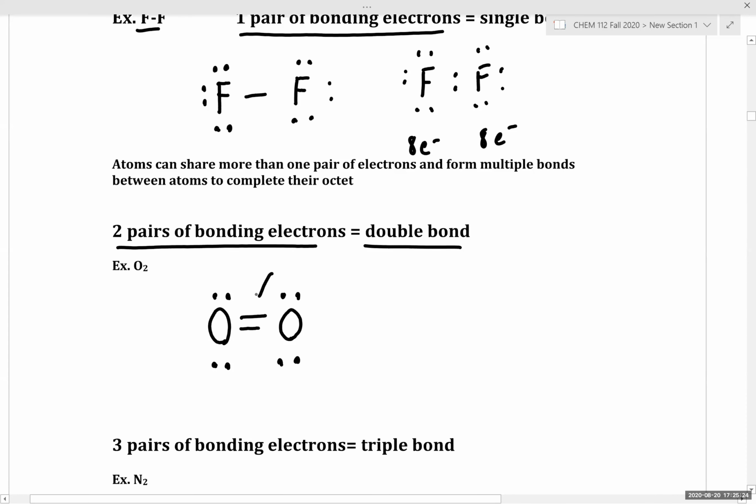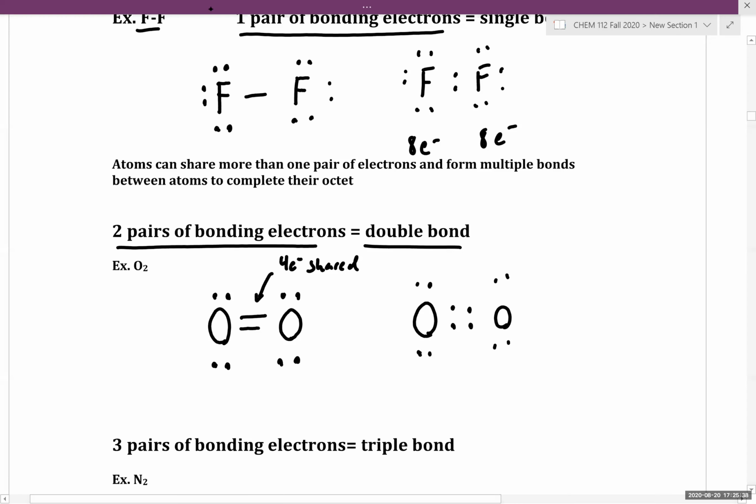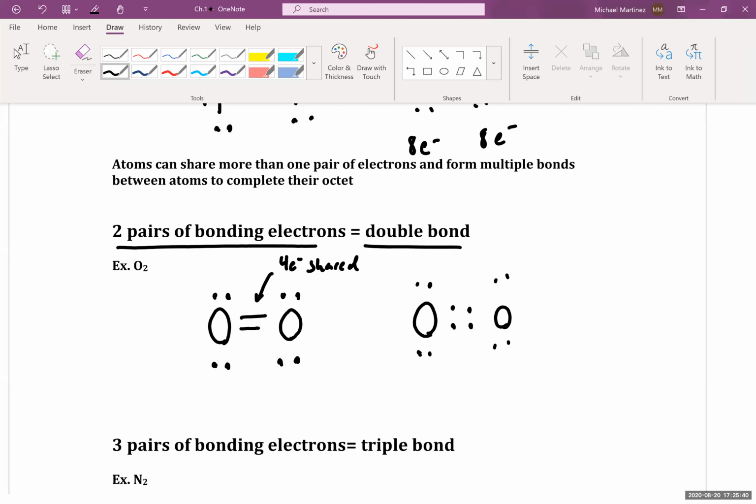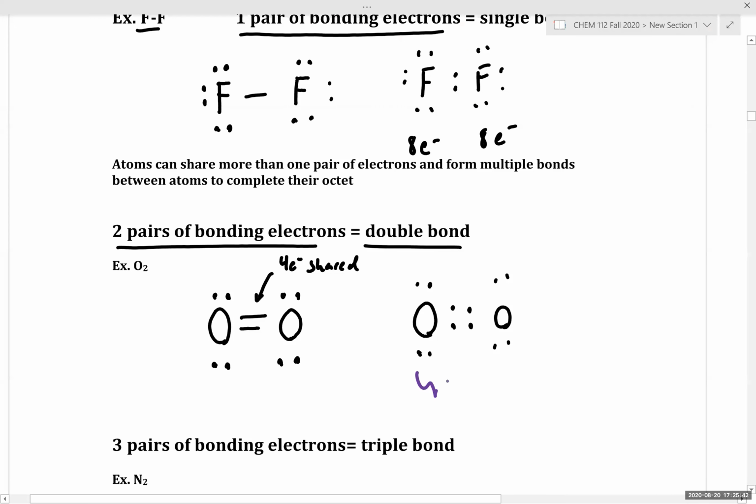In this case, we have a total of 4 electrons shared between our oxygen atoms. So we draw 2 pairs of dots between them, and as a result, if we count the total number of electrons belonging to each oxygen atom, each oxygen atom still has 8 electrons to its name.